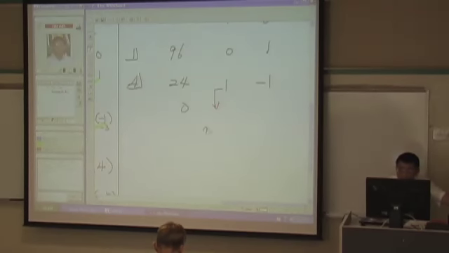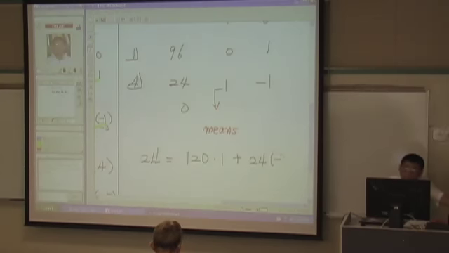This means 24 equals 120 multiplied by 1 plus 96 multiplied by negative 1. This is the meaning, right?